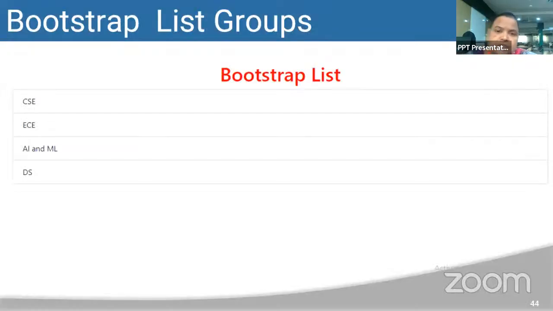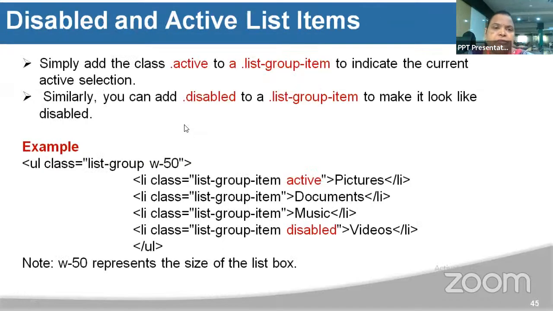This is the small example, and later on you can go in-depth. Next, how the list is active and disabled. What classes are available for the active list and the disabled list? Here two classes are important: dot active on a list-group-item, and dot disabled.